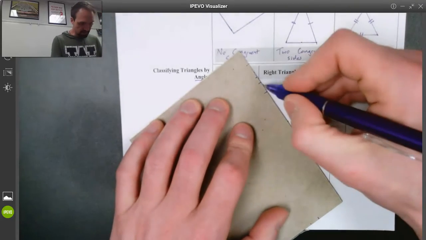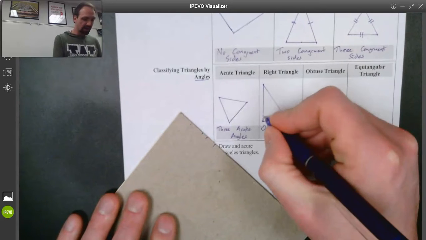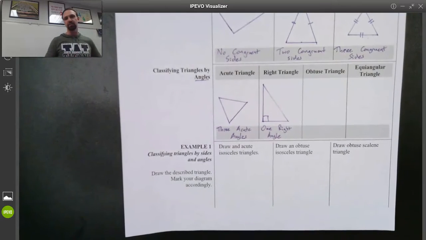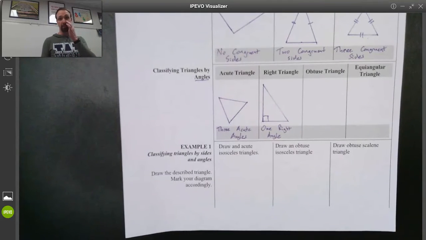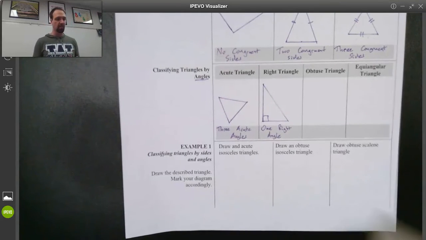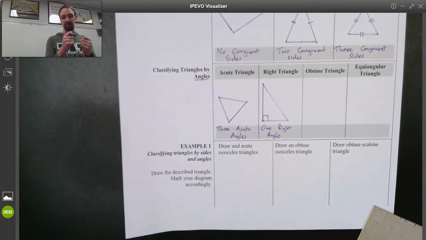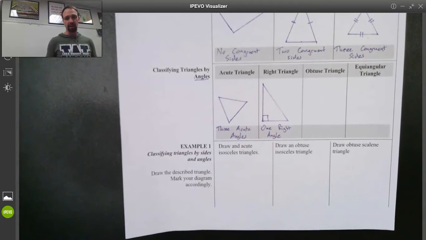So again, you notice I'm using a straight edge to construct these. It's a lot easier to construct these using a straight edge. If you don't have a ruler, you see that I'm just using a piece of cardboard. You can fold a piece of paper over so it's a little bit thicker on one edge, and you could use that. That's also viable.